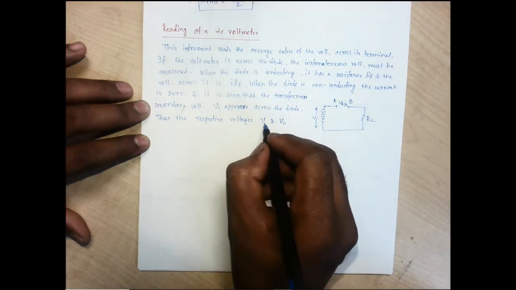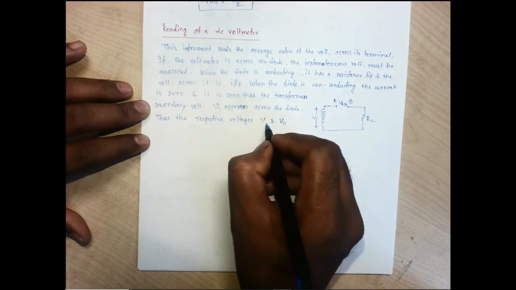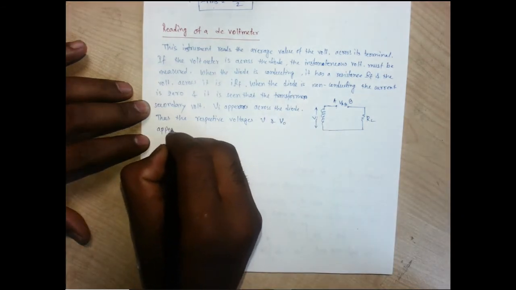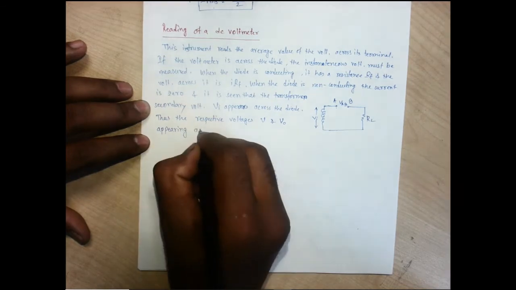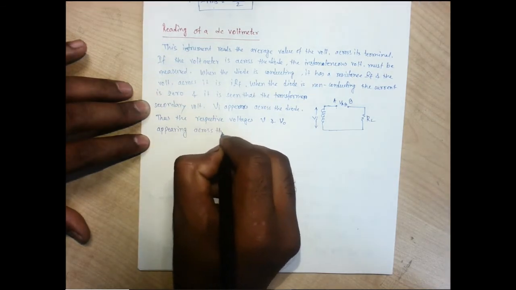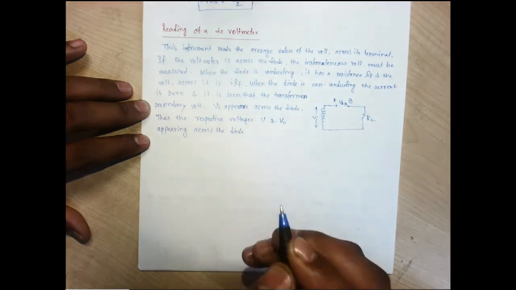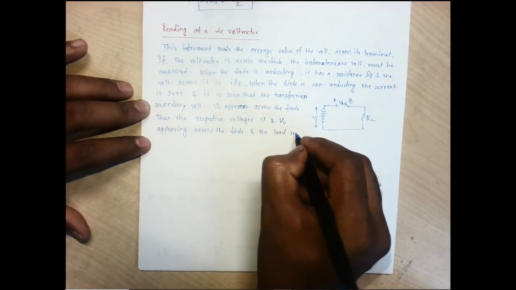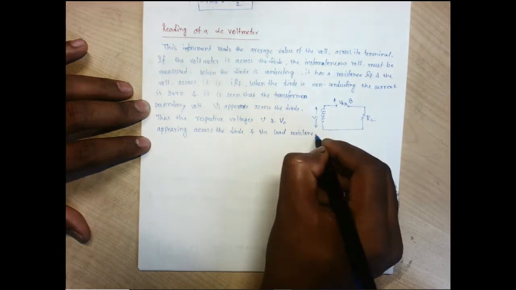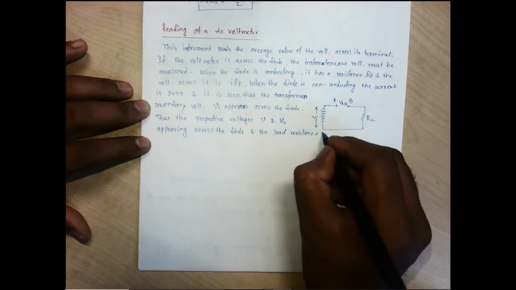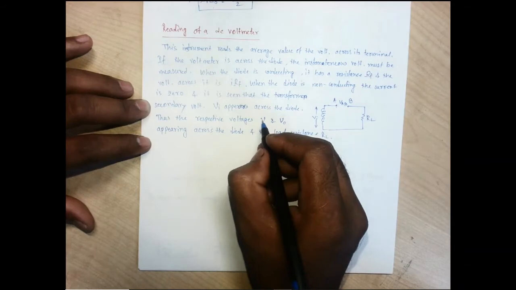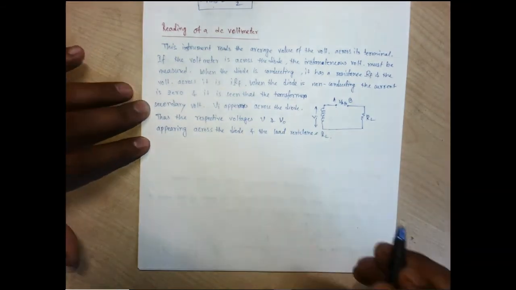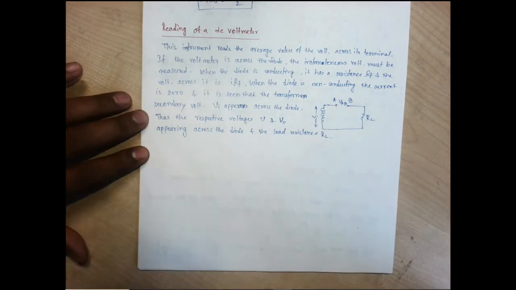So V is the voltage appearing across the diode, and V0 is the voltage across the load resistance RL. So let us go with these voltages.